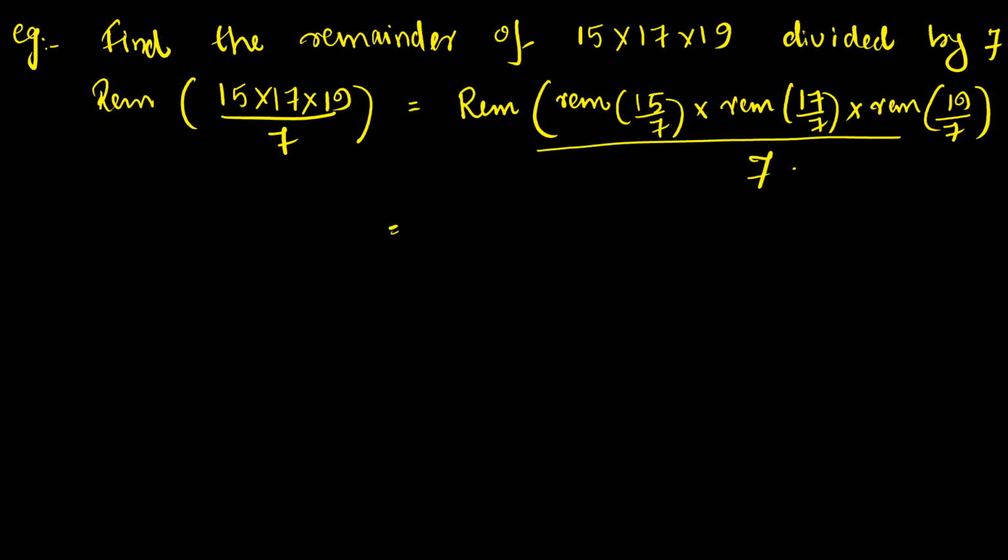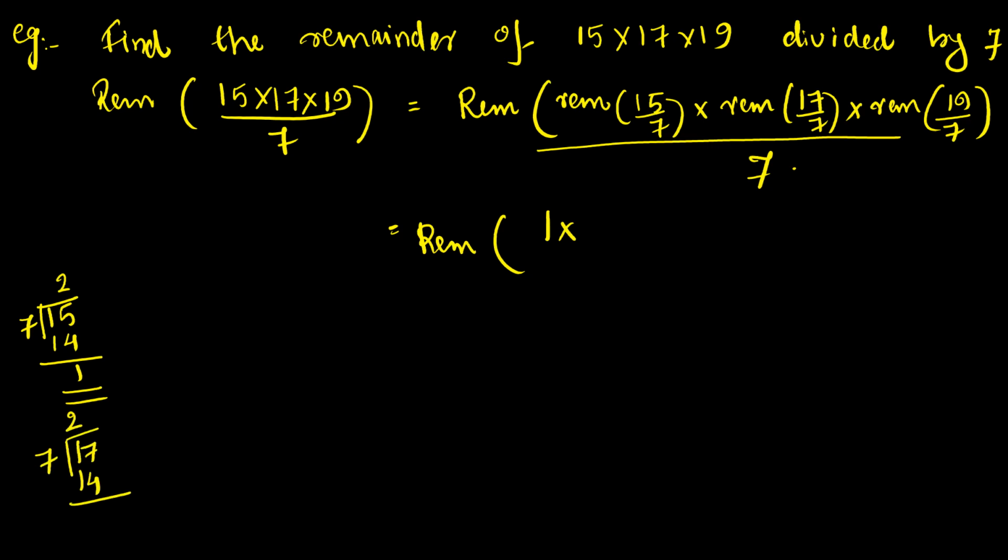So, when 15 is divided by 7, what is the remainder? When 15 is divided by 7, 7 into 2 is 14, remainder is 1. So, the remainder of 15 by 7 is 1, into. Now, what is the remainder of 17 divided by 7? Remainder is 3. Next is the remainder of 19 divided by 7.